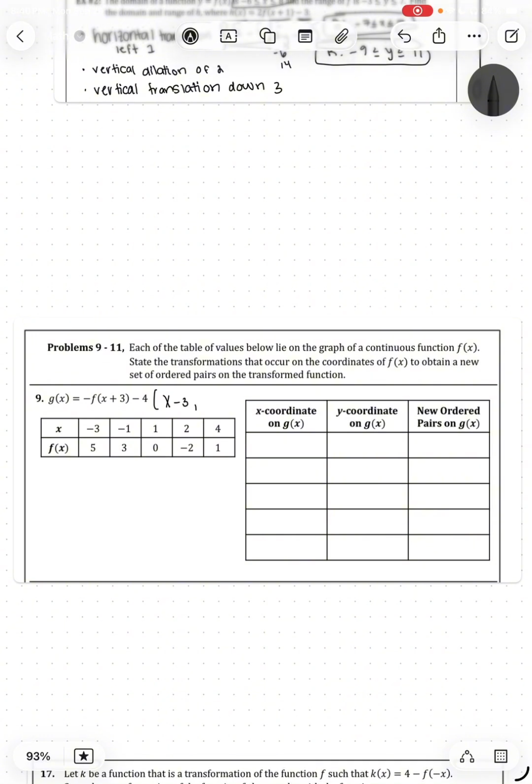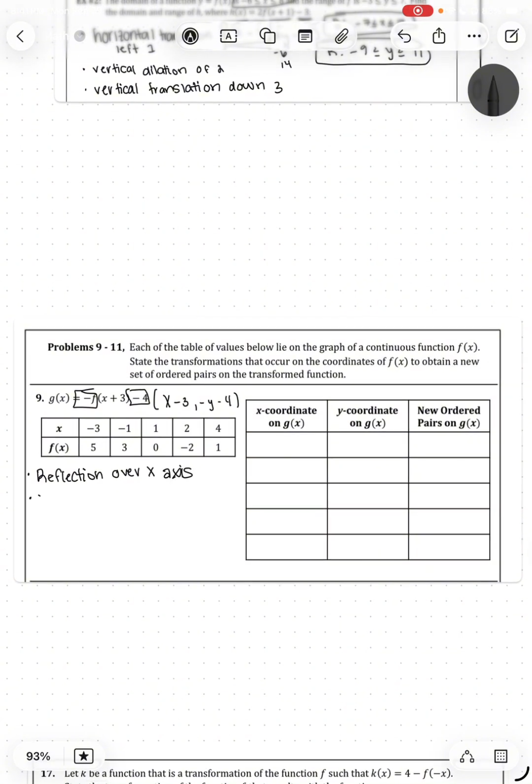And then for the y, we can see that we're being reflected over the x-axis, and we're also going down 4. So we need to multiply y by -1 and then subtract 4.